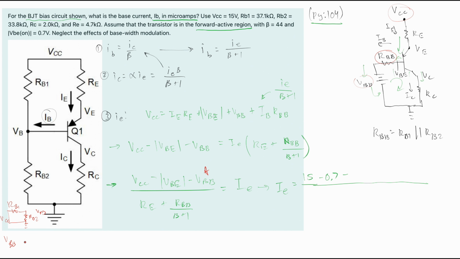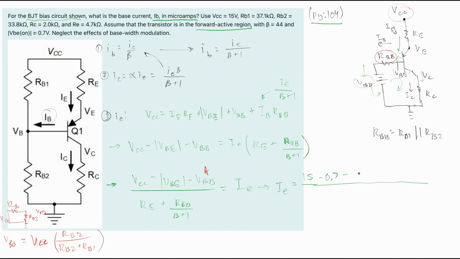So we have VBB is equal to, we have our source, which is 15, we have the voltage that our VBB is over, so that's going to be the RB2. So we have 15 RB2, and this is all happening over RB2 plus our RB1. And this is, again, our VCC.